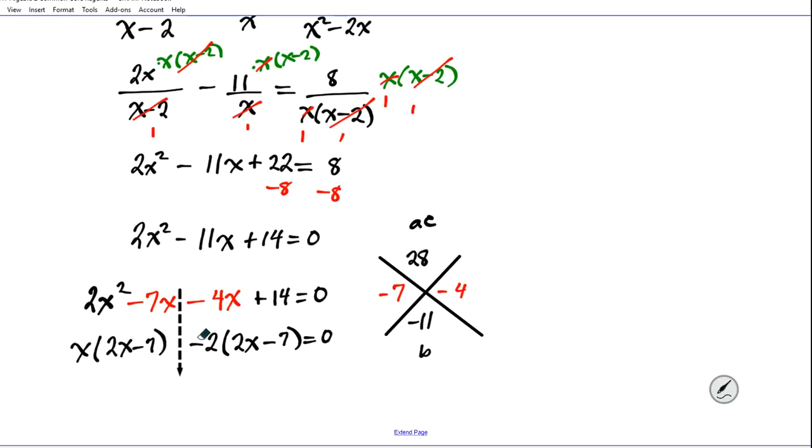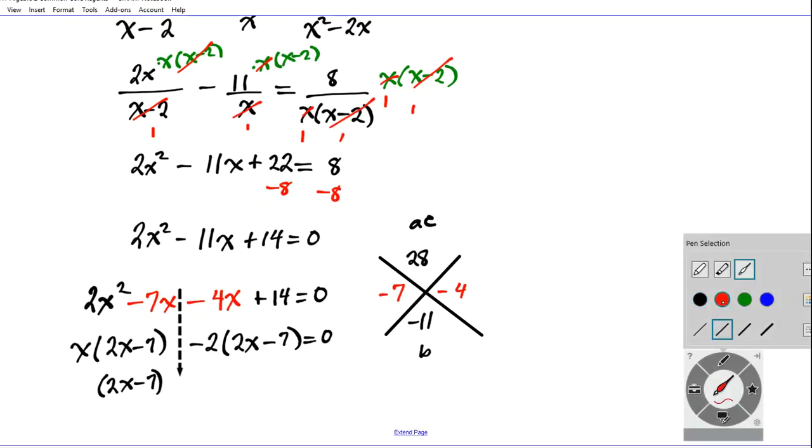Now you examine your two quantities in the parentheses. If you factored correctly, they should be the same. They are here, so we're looking good. So what we're going to do is pull out those factors in the parentheses, 2x minus 7. And then the numbers on the outside, we just group them together because that's what's left upon extraction of the GCF binomial term. And then we have x minus 2 equals 0.